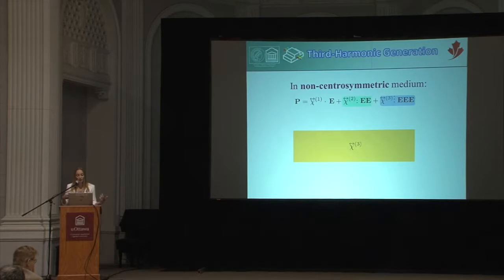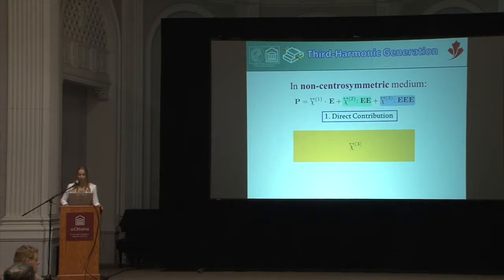In a non-centrosymmetric medium, the polarization can be represented as the sum of the linear term, the second order nonlinear term and the third order nonlinear term, represented by the corresponding susceptibilities, chi1, chi2, and chi3.